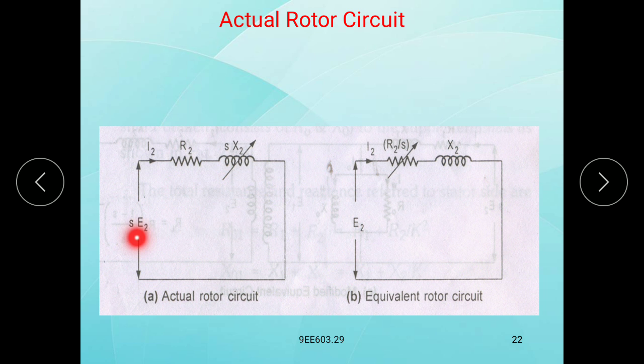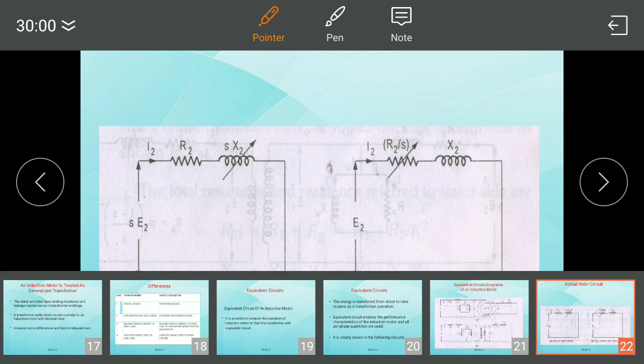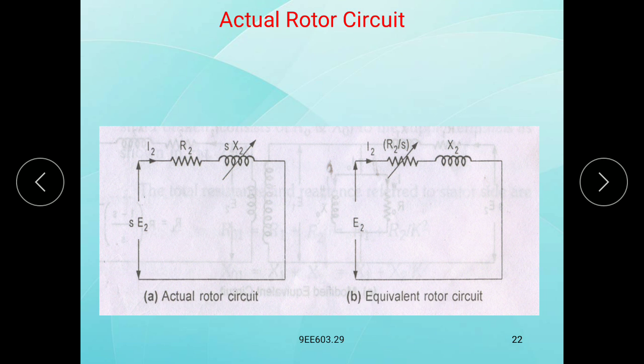So s cancels. The remaining terms are E2, R2 by s, and sX2 by s is X2. So this is the equivalent rotor circuit at the rotor side.